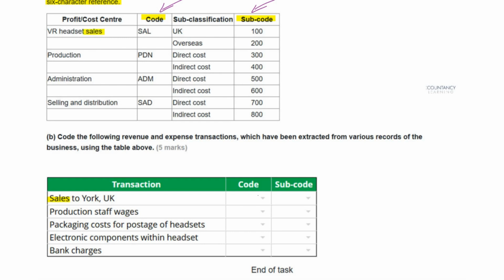The code that you'll choose, and you've got drop down boxes in the exam to choose from, will be SAL. And then we've got UK, so we're looking for UK for our subcode. And our subcode is 100.